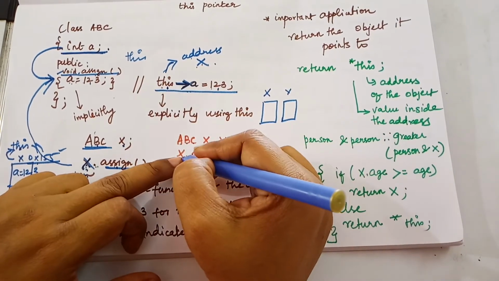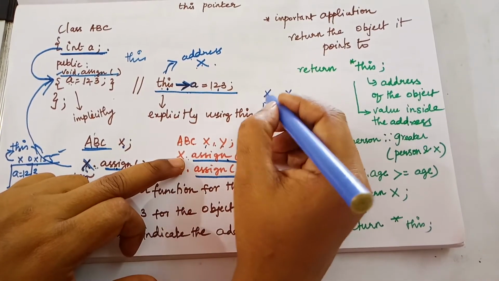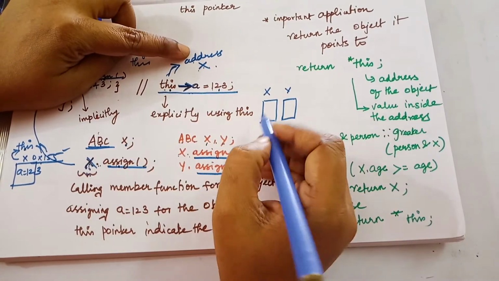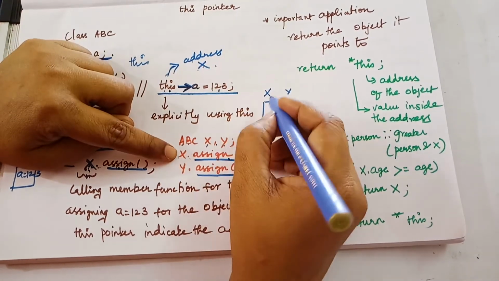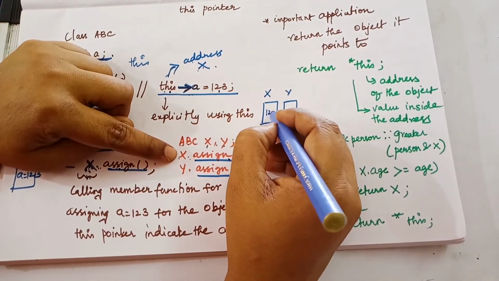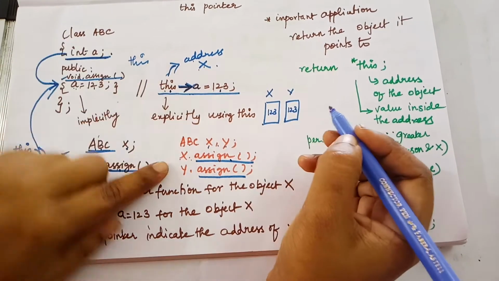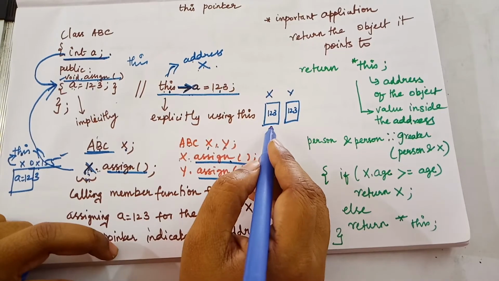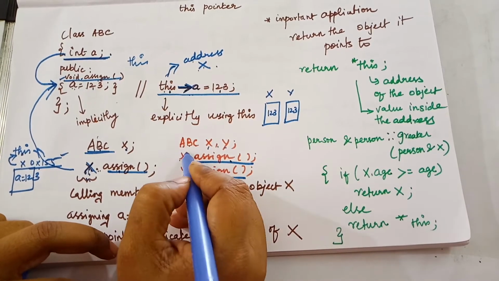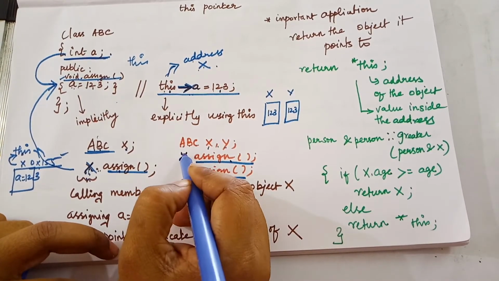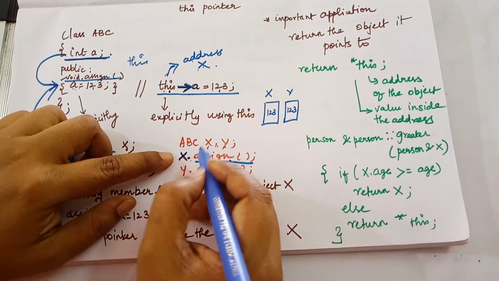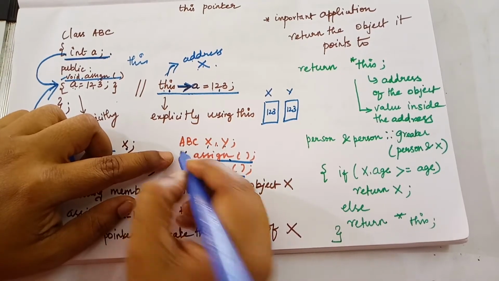So for your calling X dot assign, automatically this pointer is allotted, and here A is equal to 23, here A is equal to 23. But for which you are calling, that you have to give correctly. So whenever you are calling, this pointer consists of the address of this object.